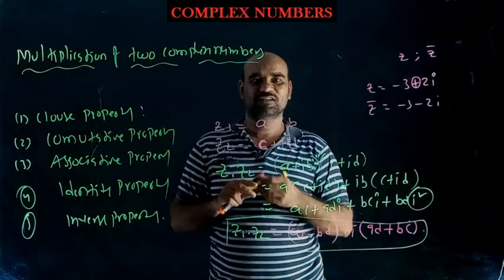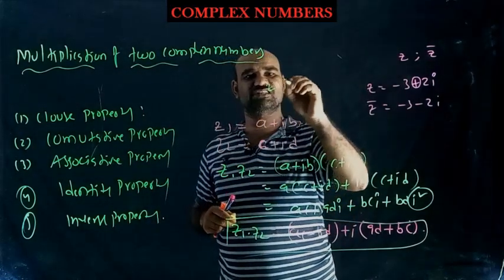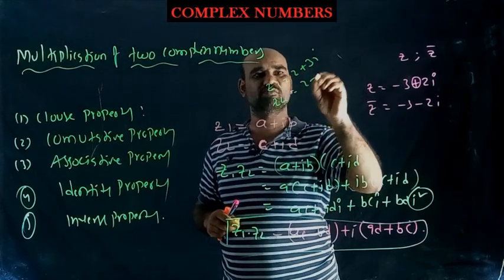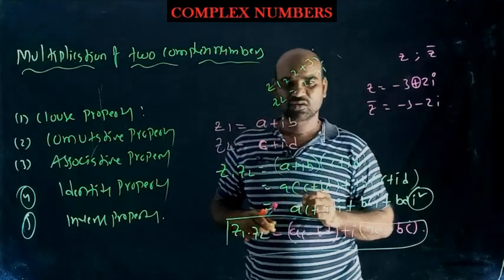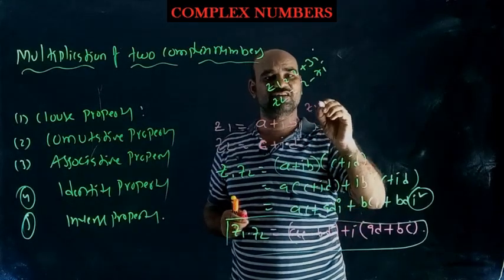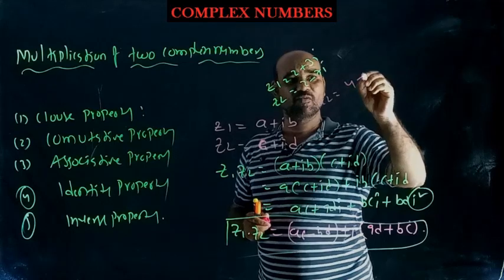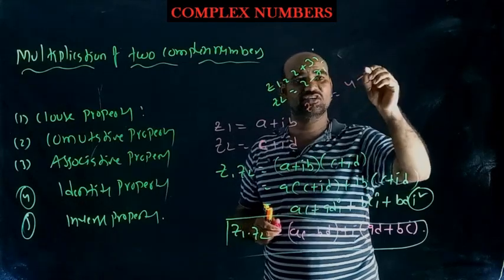That's all. For example, Z1 is given as 2 plus 3 iota, Z2 is given as 2 minus 7 iota. So I want to multiply Z1 with Z2. That is ac, which means 4, minus bd, which means minus 21.